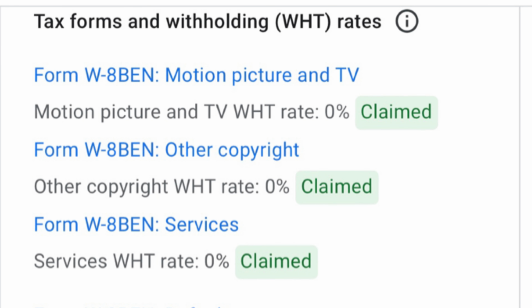And then when it comes to filling in all the percentages for motion picture and TV, other copyright services and default, you need to put them on 0, okay? And then you just put in your addresses and all of that stuff, and it's as easy as that. Okay, it's as easy as that. And then that will mean that all the money that YouTube needs to pay you will come into your account instead of having a withholding tax on it.